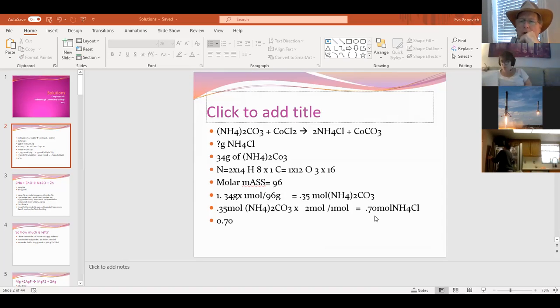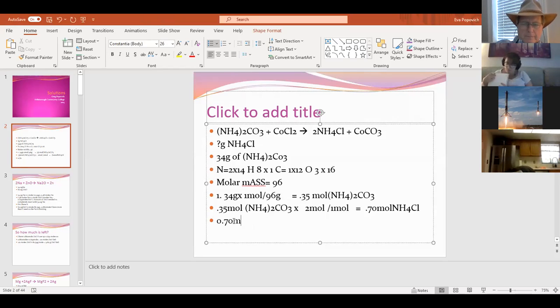Now, how do I go from moles of ammonium chloride to grams? You're trying to get rid of moles. Do you multiply it by like 100 or something? No. How do we go from grams to moles?